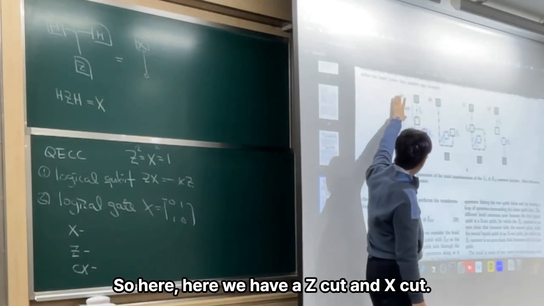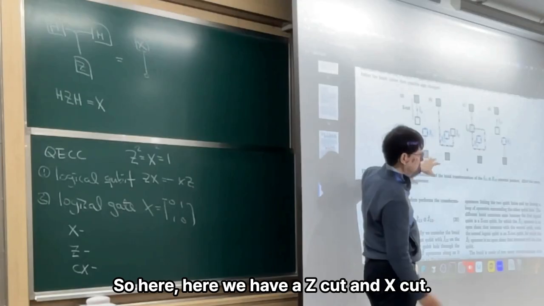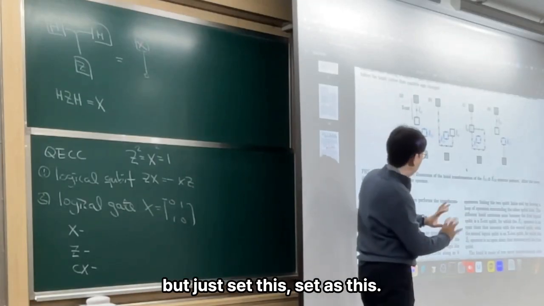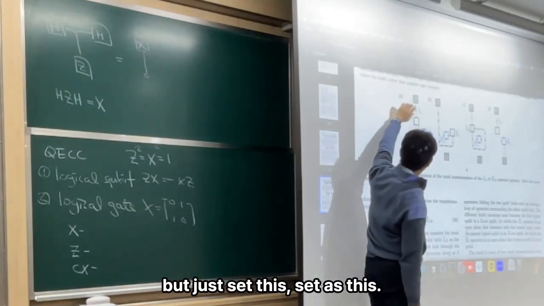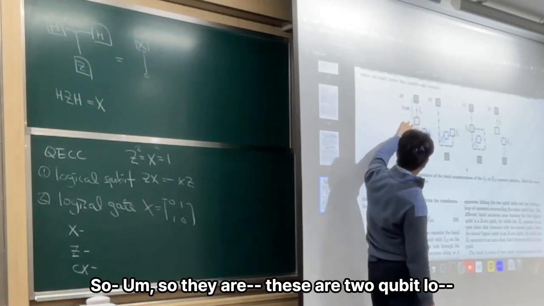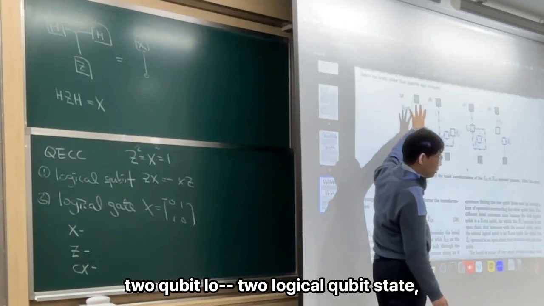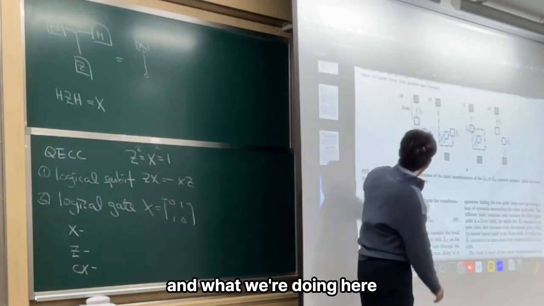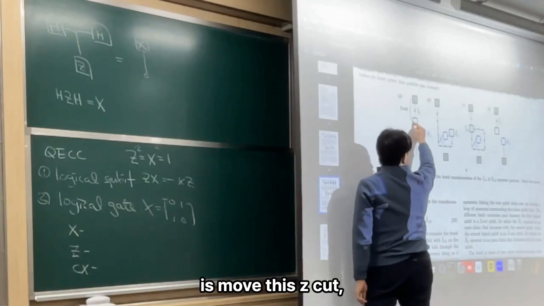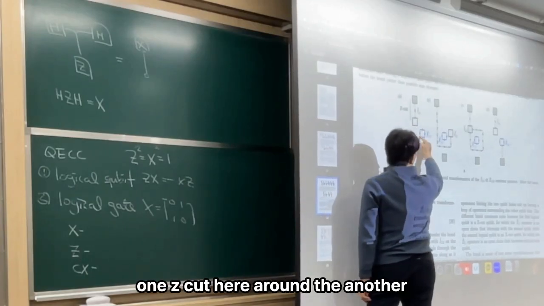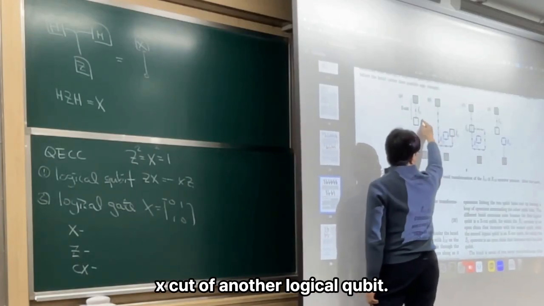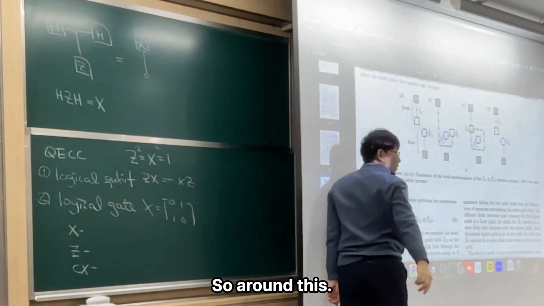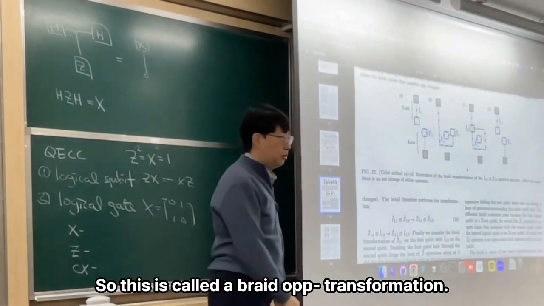So here we have a Z cut and an X cut. These are two logical qubit states. What we're doing here is moving one Z cut around the X cut of another logical qubit. This is called a braid transformation.